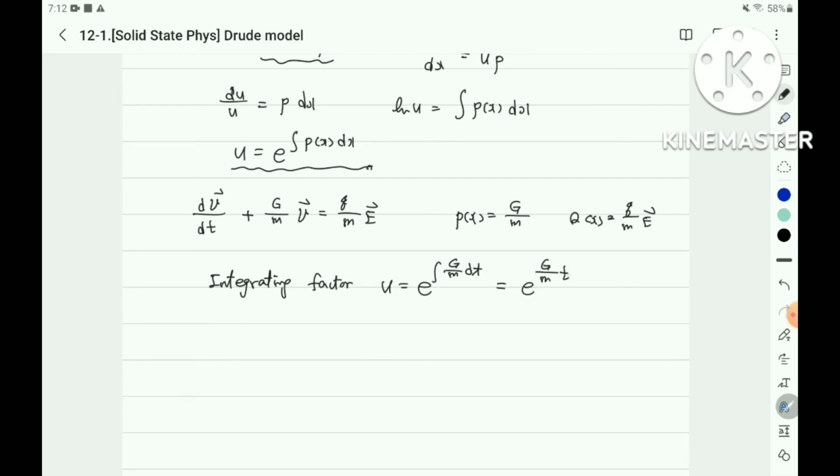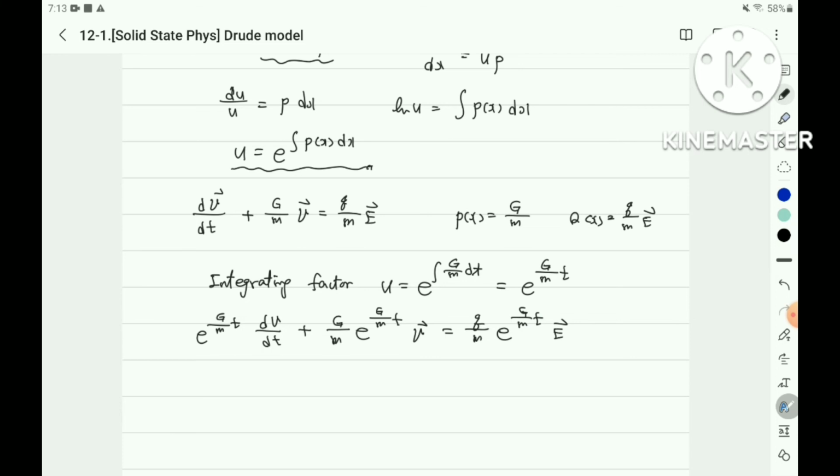Therefore, it is exponential of (g/m)t. It is the integrating factor. Let's multiply both sides: exponential (g/m)t dv/dt plus g/m exponential (g/m)t v equals qE/m exponential (g/m)t.